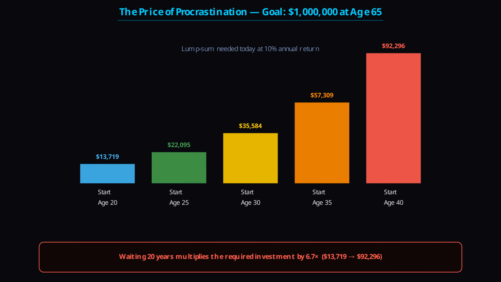At age 40, $92,296. The goal is identical. The return is identical. The only difference is the starting age. Waiting 10 years past age 20 costs you $22,000 in required capital for the same result. Waiting 20 years costs you nearly $80,000 more. This is the price of procrastination, expressed not in motivation, but in mathematics.